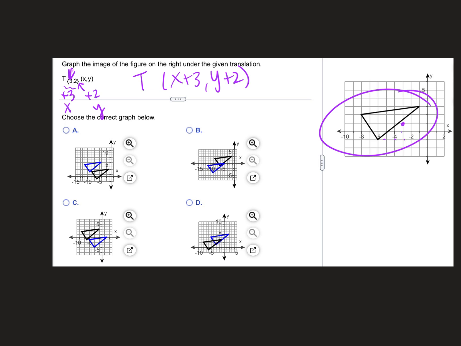So who moved there? It looks like black is our pre-image and blue is our image. So I'm going to go with B. It looks like I've moved 3 to the right and up 2.